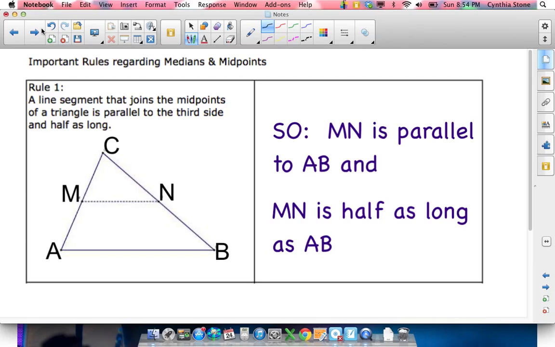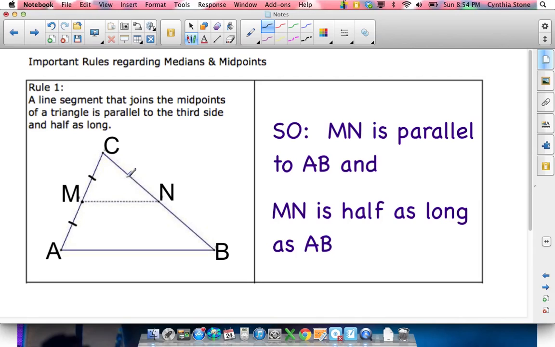So just a couple of little rules that we can use to solve problems. You'll have to draw out the triangle. So you have some triangle ABC. MN joins the midpoints, and what that means is this and this are the same length, so M is at the midpoint.